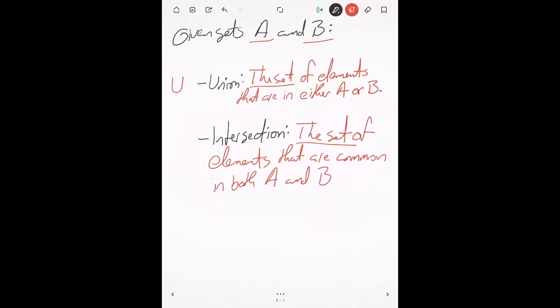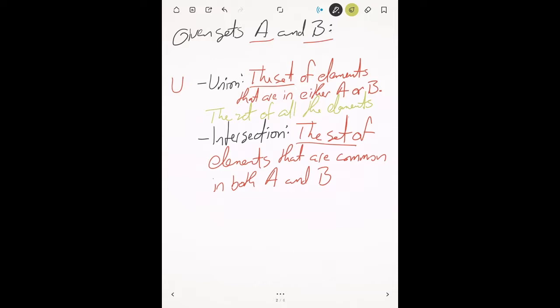The union is all of the elements that are in either A or B. Essentially, I want everything in A and B, because that's what I'm saying here. I want all the elements that are in either A or B. So give me all of the elements.